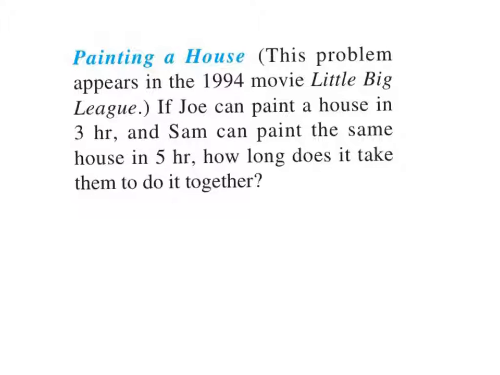Alright, so let's start with Joe and the amount he can do. If he can paint a house in 3 hours, that means he can do 1/3 of the job in 1 hour. So it'd be 1/3 times x, which would be your amount of time.